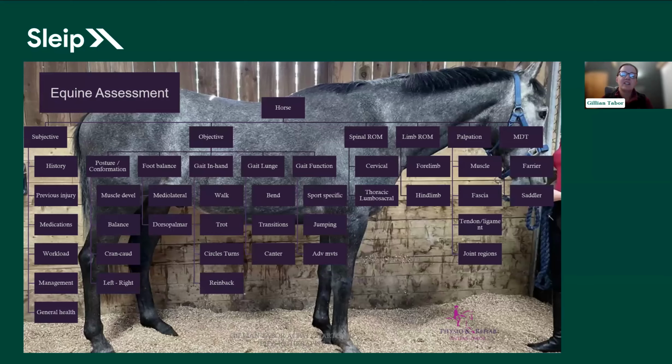So if I break down a physio's assessment of the horse, you can see it's quite broad. I'm sure I've missed out lots of areas here, but basically we start with the subjective part of the assessment, so it's clinical history taking, and then we move on to the objective part of it.